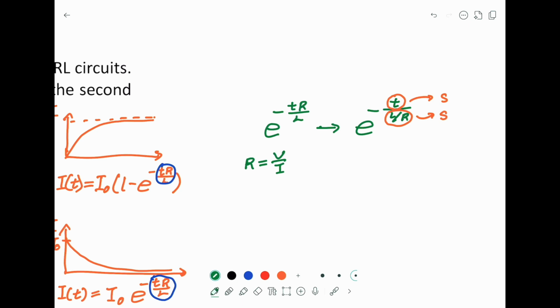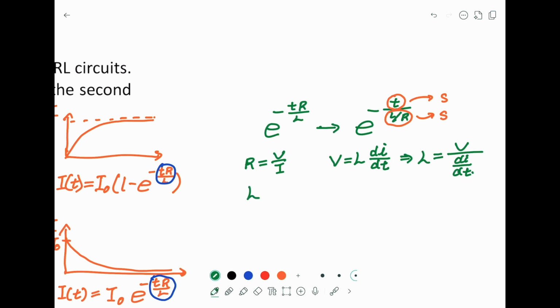Inductance is defined as the voltage across the inductor being proportional to the change of current, and the proportional constant is L. So now let's combine these two. From here, L is V over dI/dt.